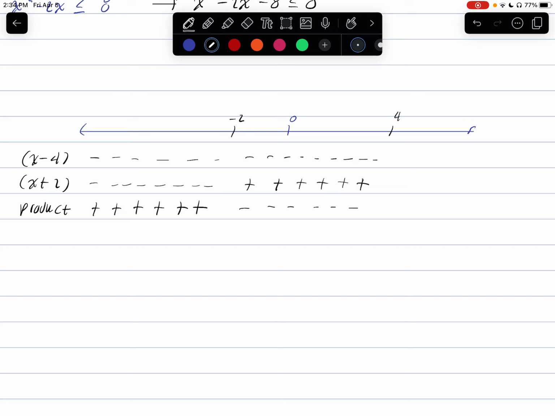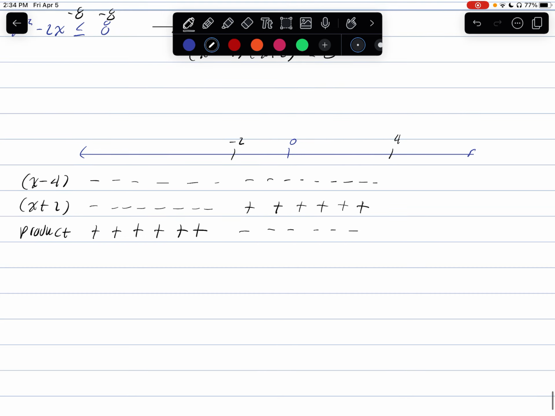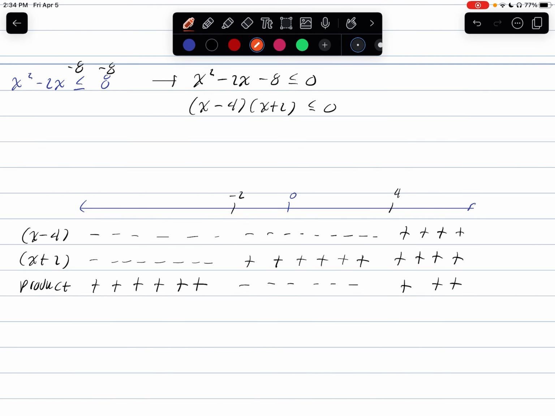Okay. All right, and then everything is going to be positive here. So this will become positive all along here. So we're looking for the intervals where it's negative, and we're going to include the point where it's 0 as well. So we're going to have just the interval from negative 2 to 4. We're going to close that off, and we're going to shade everything in the middle.